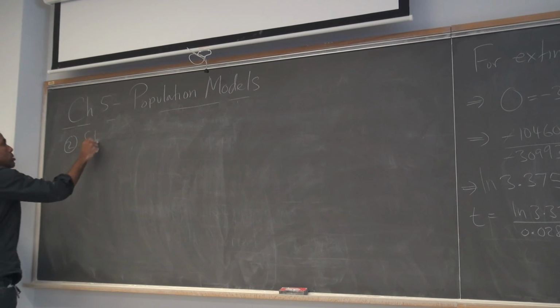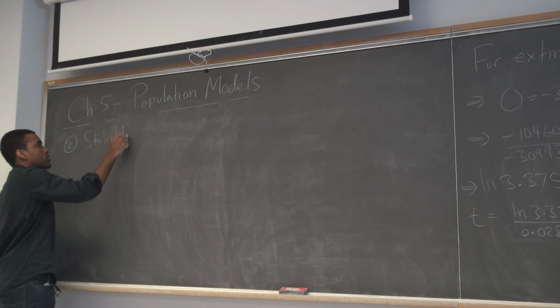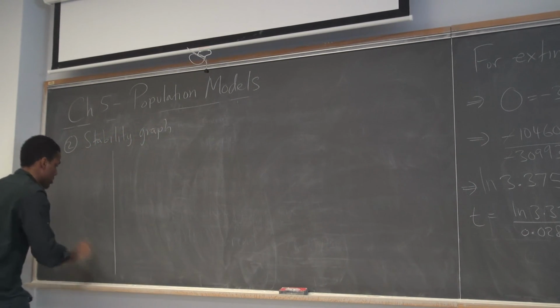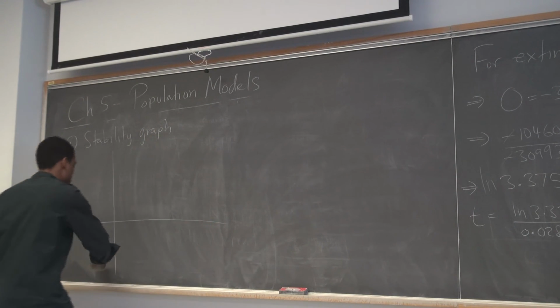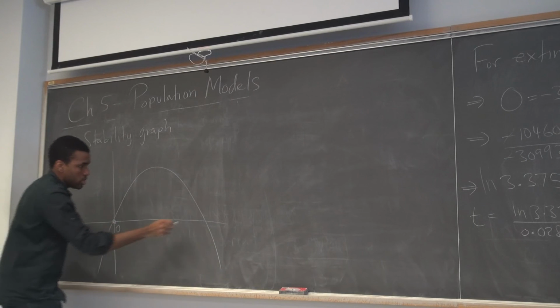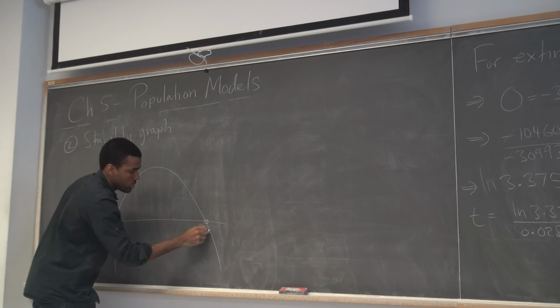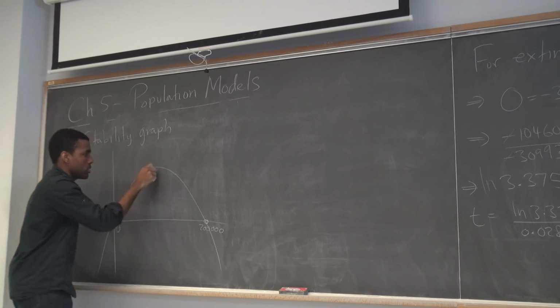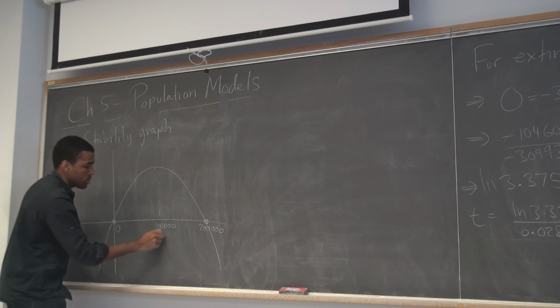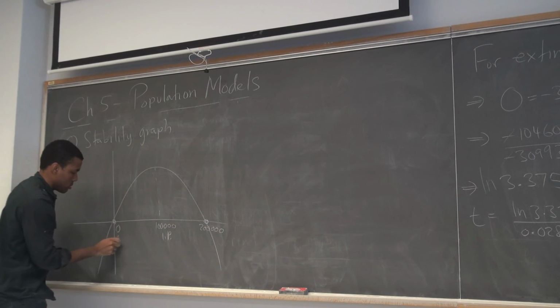2. Stability graph. Again, pretty standard. It's going to be an inverted parabola. Say it's going to be 0 and k, which in this case is 200,000. The inflection point happens halfway there. That's 100,000.